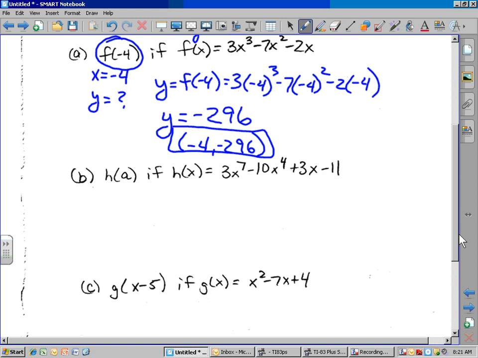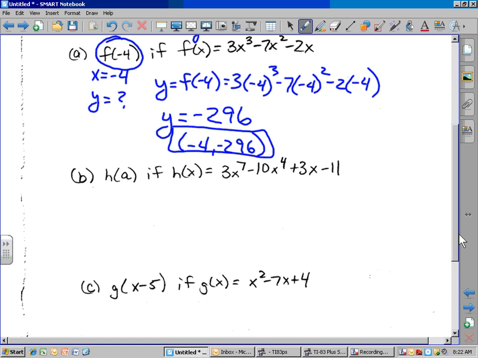So what are we going to do with b then? This is where people start going crazy. Oh, there's a letter. Ooh. Don't look at C then, because you're going to probably lose it. Okay?